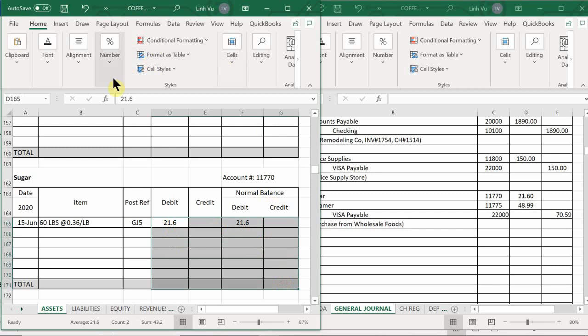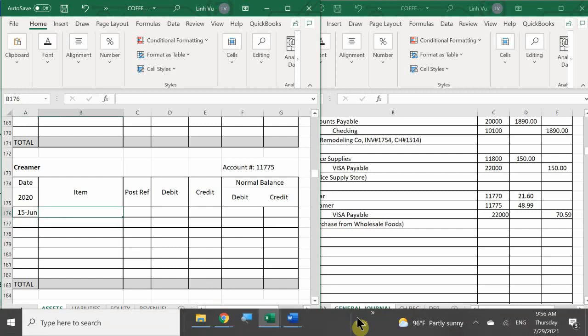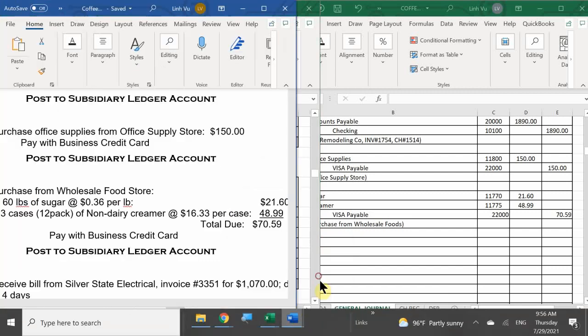And then we need to list the creamer. Yes, we're going to do the creamer. Creamer is right under the sugar. 6/15, creamer. Do we put the 11,775 there? No, the 11,775 is the account number.